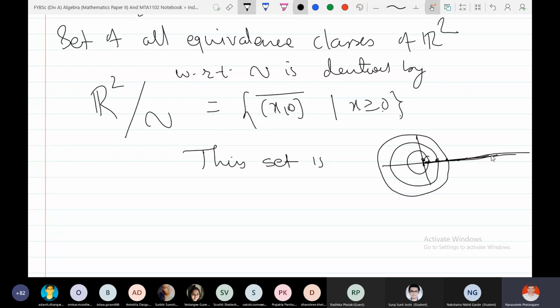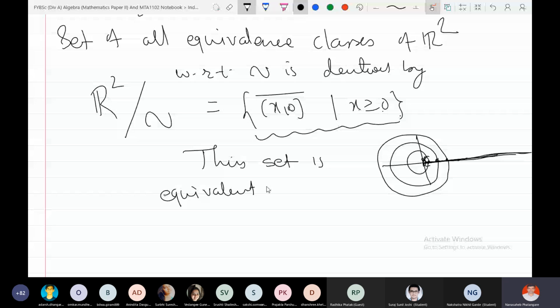So as many as the positive numbers on the x-axis. Therefore this set is equivalent to the positive x-axis, the set of x such that x is greater than or equal to 0, the set of non-negative real numbers.